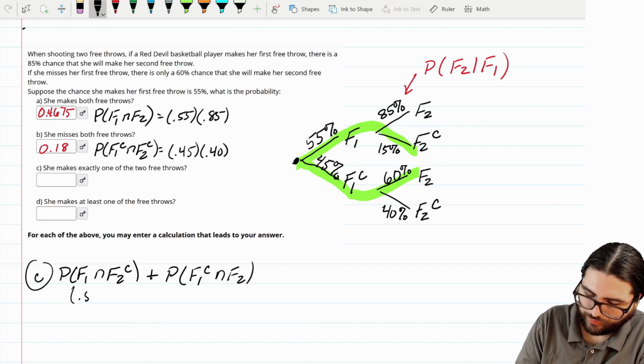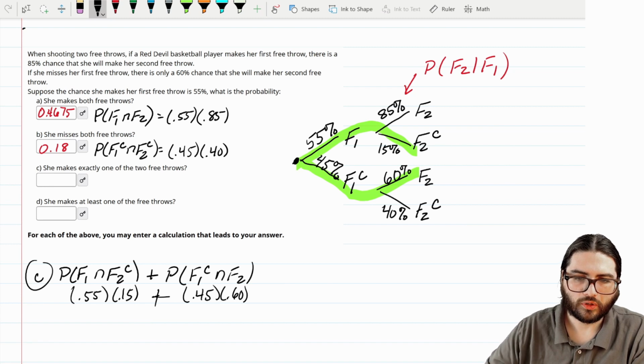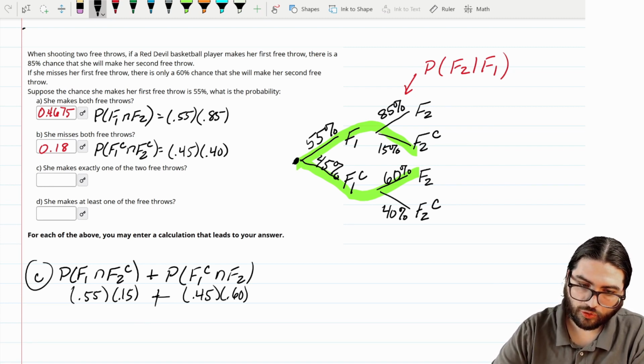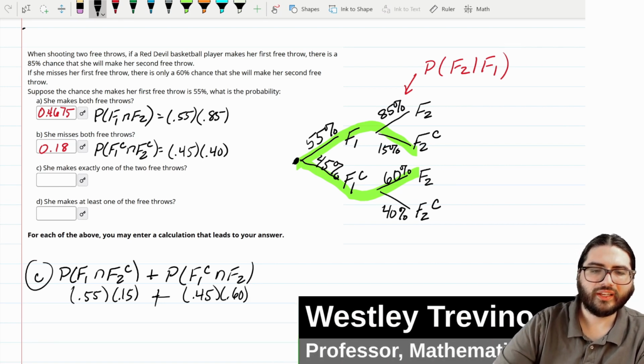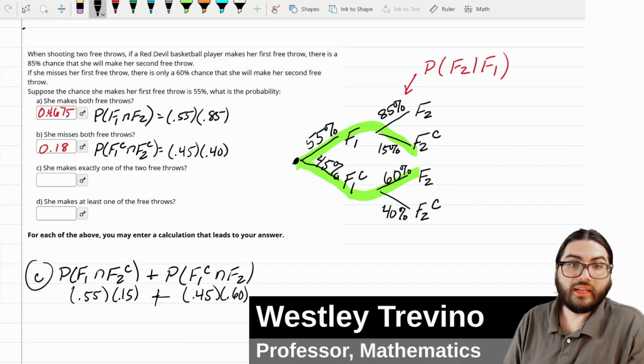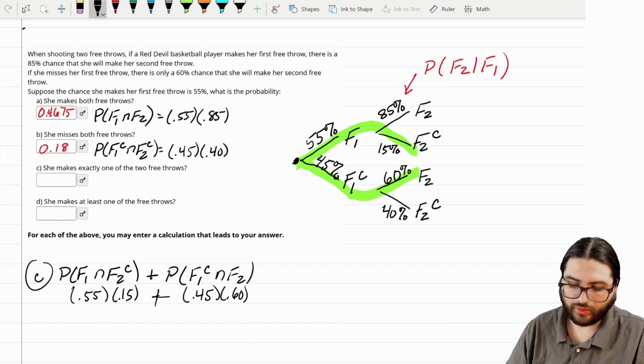So that's 0.55 times 0.15 plus 0.45 times 0.60. And again, this is just calculator work. I'm having to type it into my calculator in real time, just like you might be, because I don't come with all the answers on purpose. I want to show you that it doesn't take a long time to do this, even if you have to do it all by hand or all with a very basic calculator.